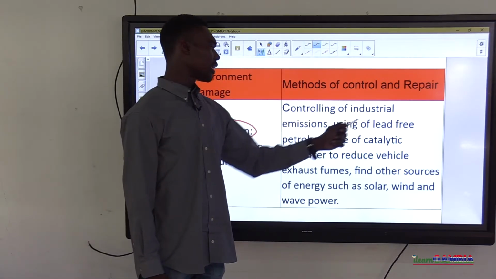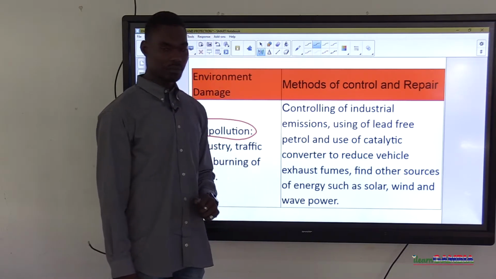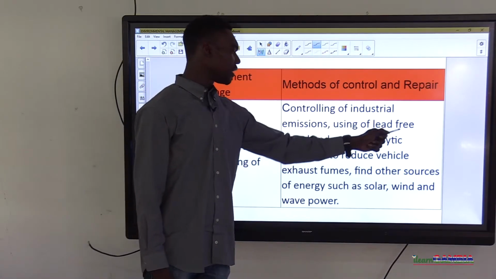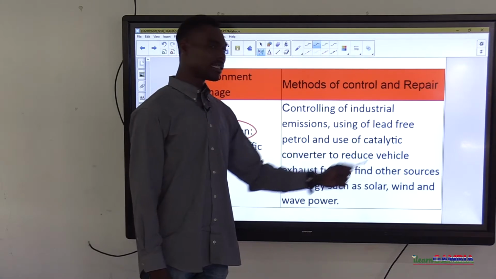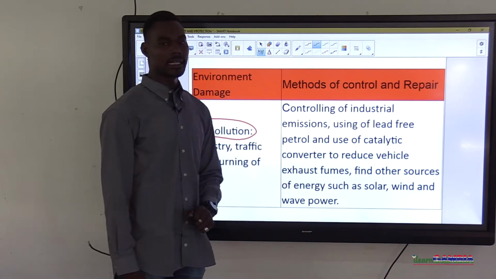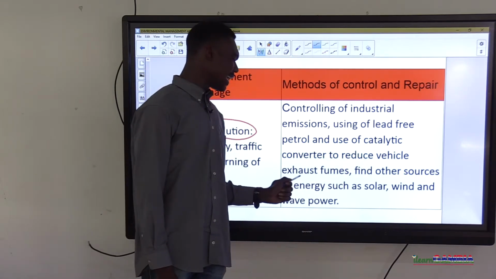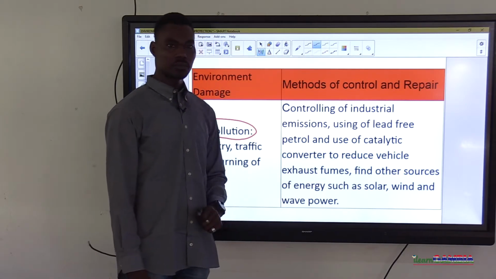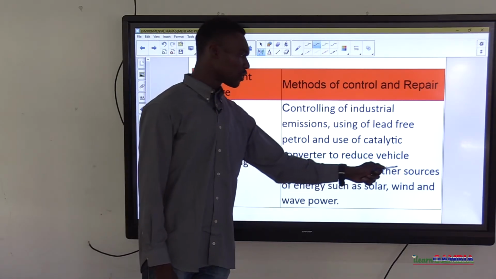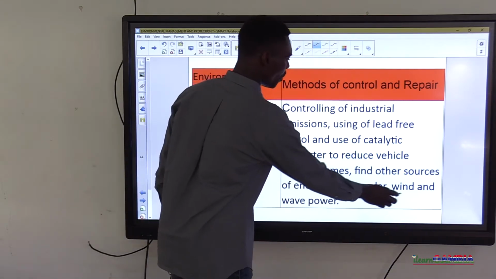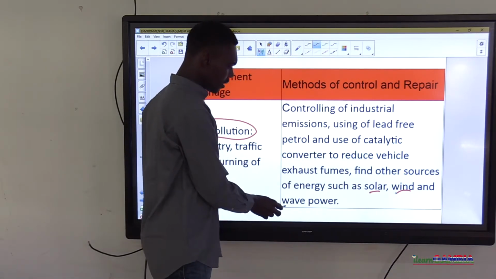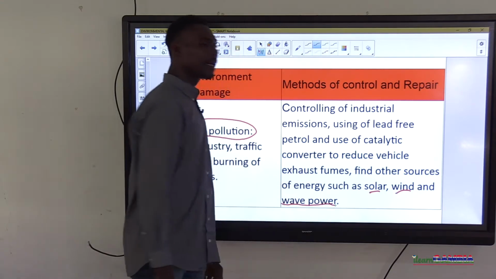Controlling industrial emissions, using lead-free petrol, and using a catalytic converter to reduce vehicle exhaust fumes. Find other sources of energy such as solar, wind, and wave power.